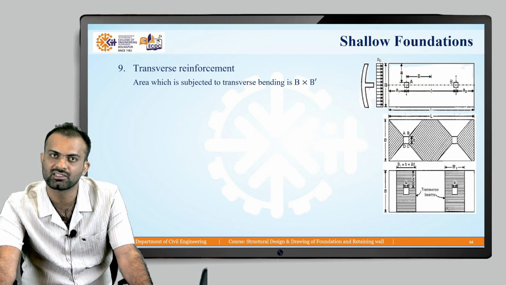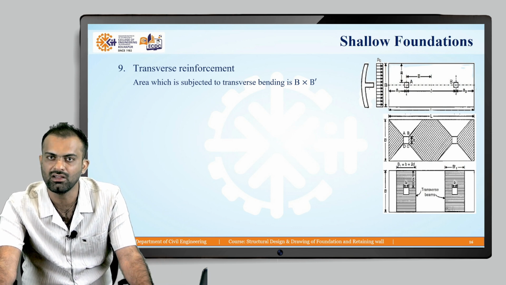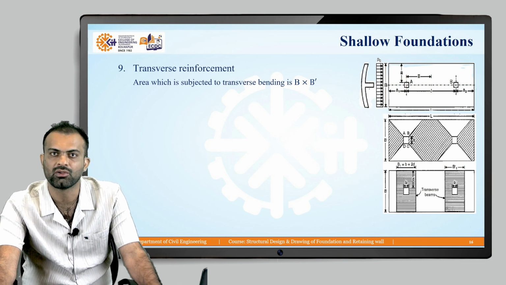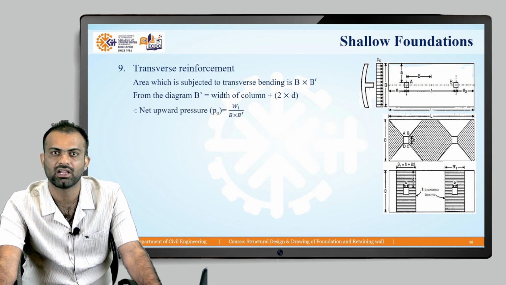Now the area subjected to the transverse bending is the width of the foundation and this length of the section. So we calculate the area subjected to the transverse bending by using B into B dash. Here I already mentioned the formula: B dash is the width of the column plus 2 into d. Now, for calculating the net upward pressure, we need to use this area.